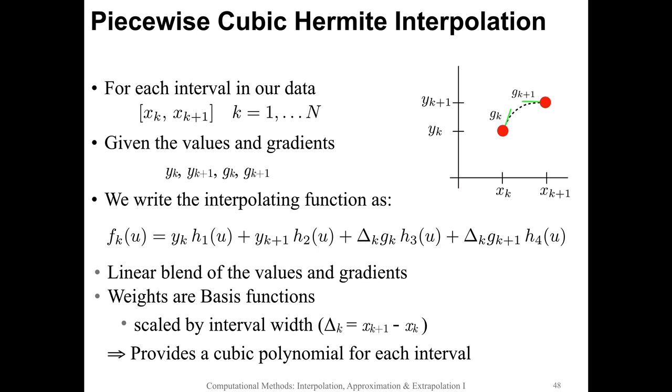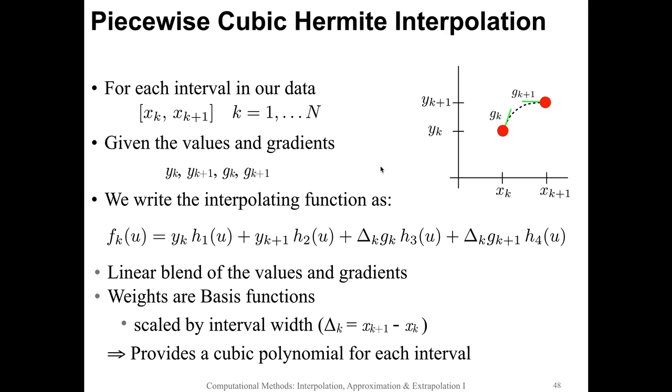So as we've seen, for each interval on our data, we have some values, y's, and some gradients, here shown as the g's, that we'd like our smooth function to fit. It's illustrated here. The height of each red point is the measured value, and the gradients are shown by these green direction lines here. We'd like our smooth cubic polynomial to pass through the points with these directions.